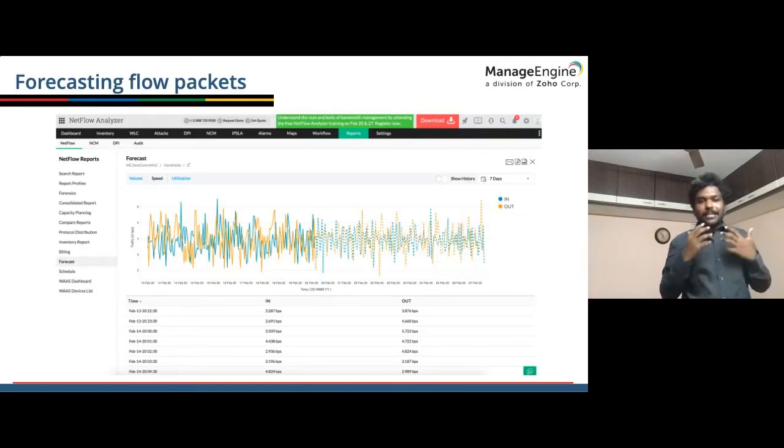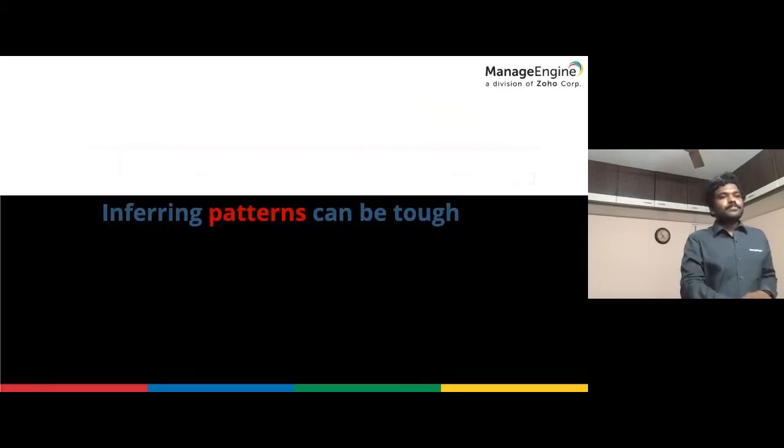Unlike traditional statistical forecasting, where it just looks at the last few recent points and gives you an estimate, here you combine the power of the past data along with the algorithm to give you better forecasted results.